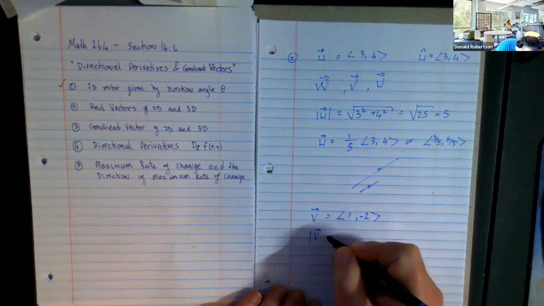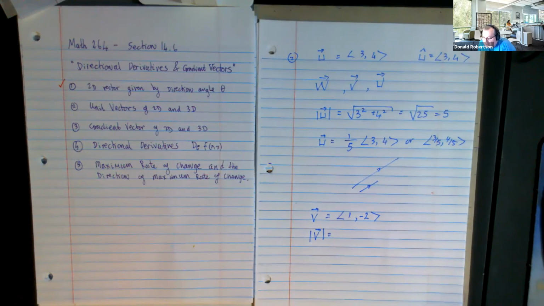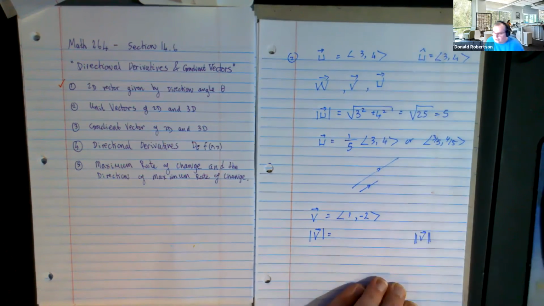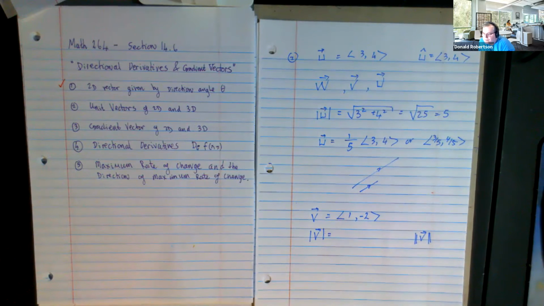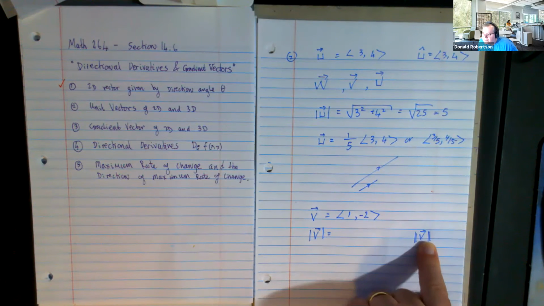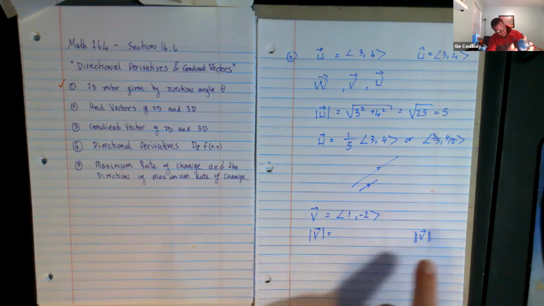Oh, another notation just came to my mind. I use single vertical lines to mean the magnitude of a vector. Do some of you use a pair of vertical lines to mean magnitude? Maybe I'm wrong. Have any of you seen this notation in physics? Yes, some of you.